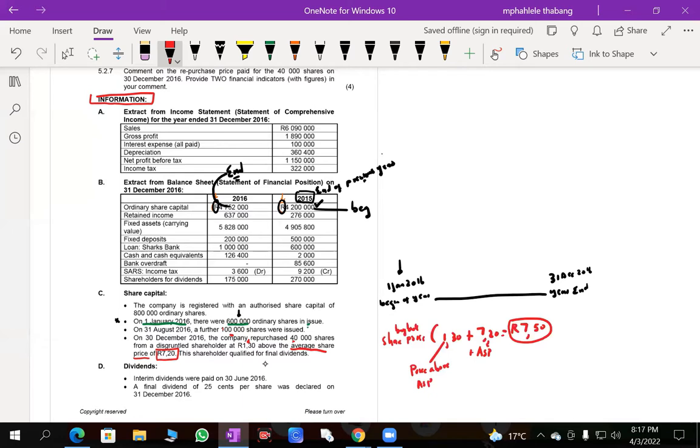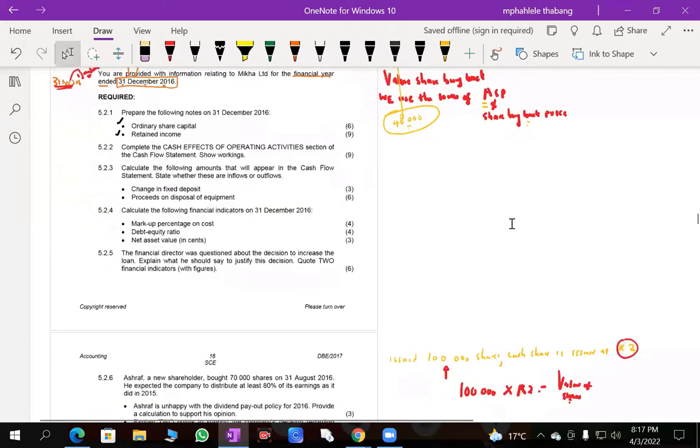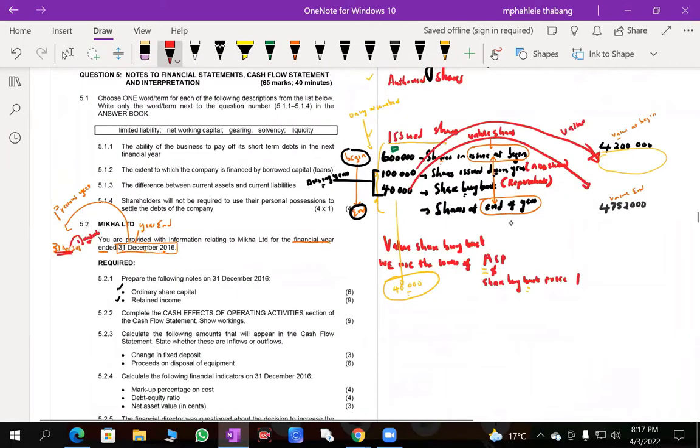Who can say the price is above the average share price? These two: the company bought back the shares at 7.50. So what is the share buyback price? It's 7.50.